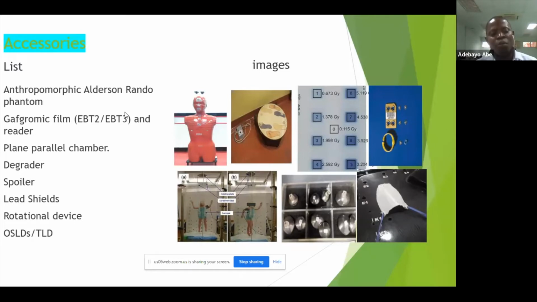So when it's coming out, they put a spoiler at about 30 centimeters to cause the electron to scatter more, so that you will be able to have sufficient energy to travel further. And that's why we need all this accessory.